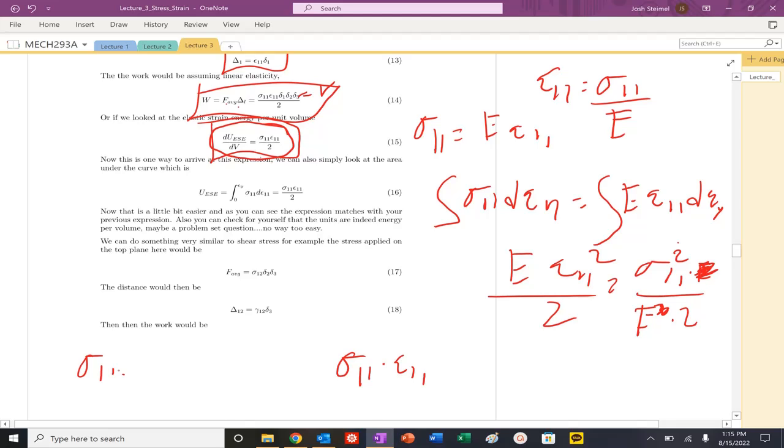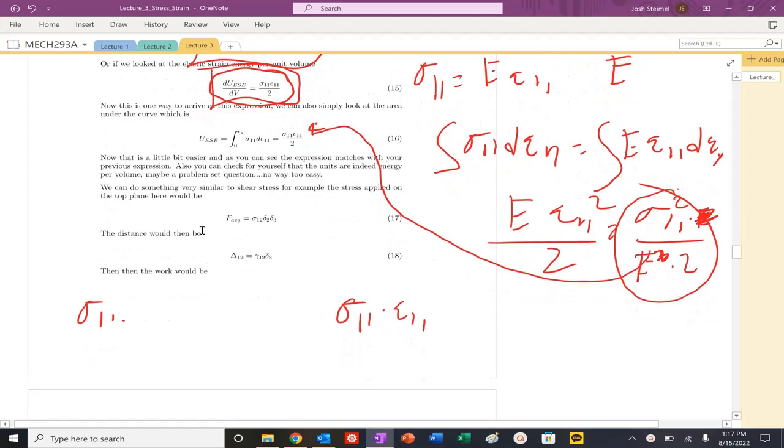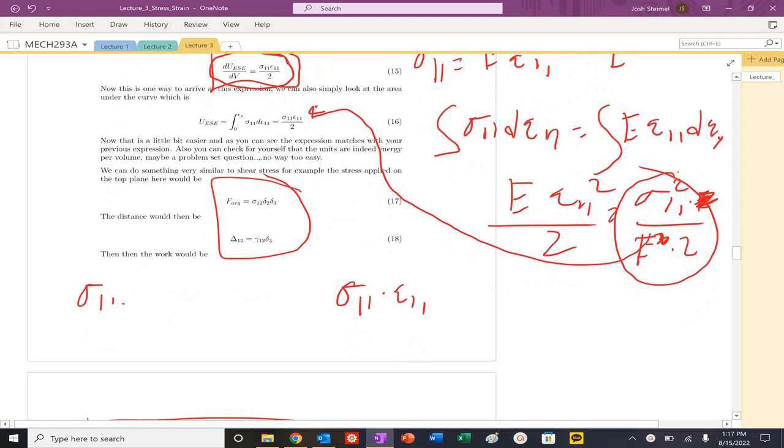So we could actually look at that one, and we can see that this right here is equivalent to right here. You could convince yourself of that if you just plug in E11. If we plug in E11 here, it's just going to be that, so we get the same value. Excellent. You could do the exact same idea for shear stress as well.